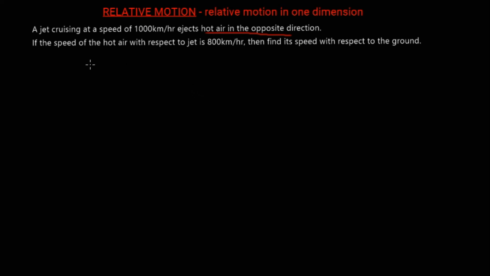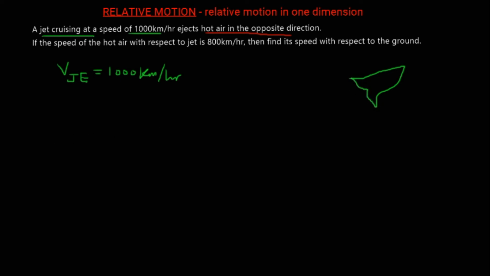The jet that is cruising has this velocity, so we can say the velocity of the jet with respect to the earth is equal to 1000 kilometer per hour. Now that same jet ejects hot air. Let's say it moves something like this.